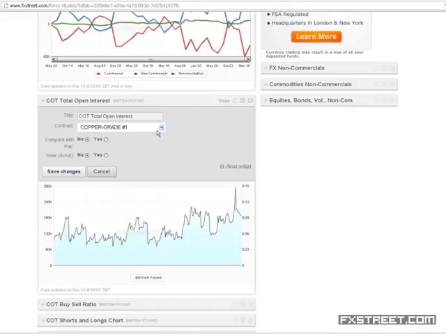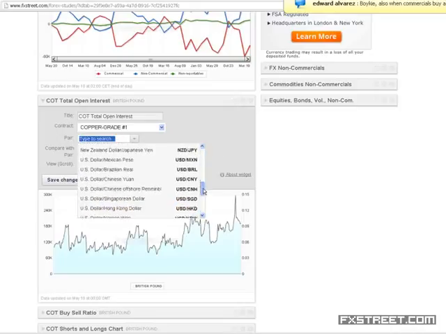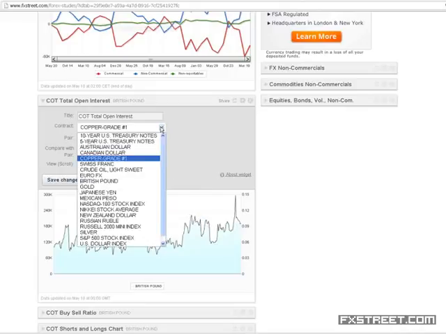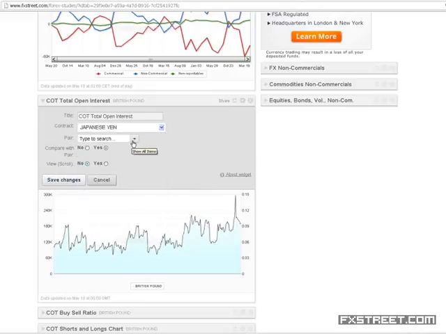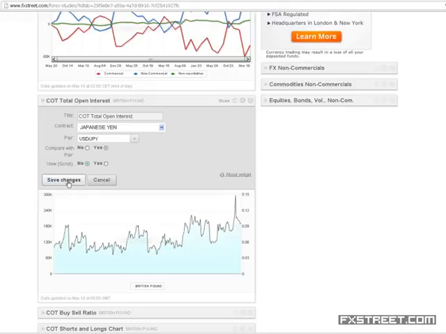Let's say, scroll, compare with pair, yes, and you may compare it with any of the currency pairs available. Okay, but usually the most interesting is obviously to compare it with the underlying price action.